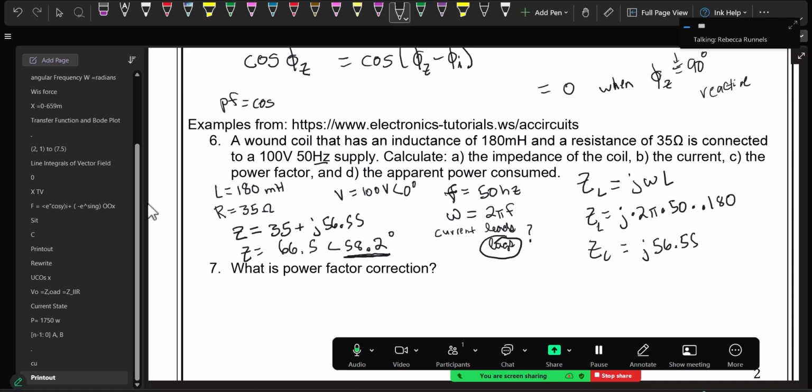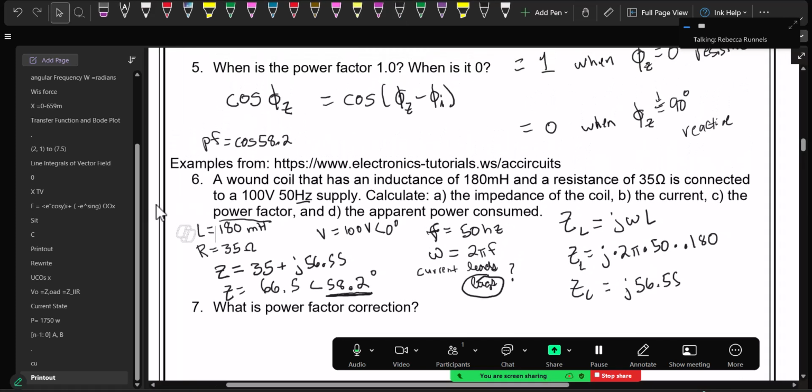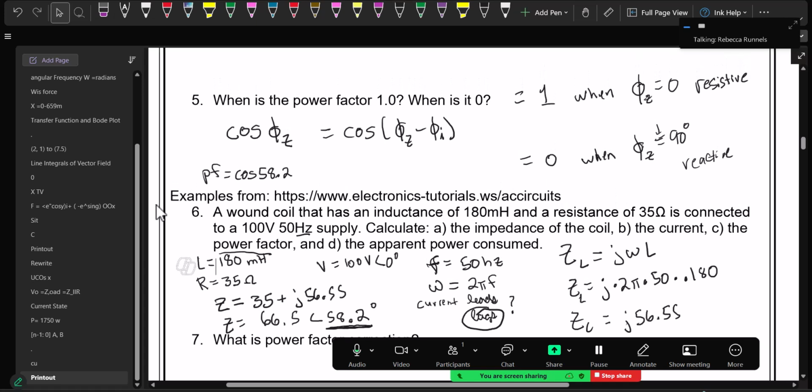This angle is the angle for the voltage minus the current, so I've got that already, and it's easy to jump ahead to part C. So cosine, but yes, that is true. I get a power factor of 0.53.